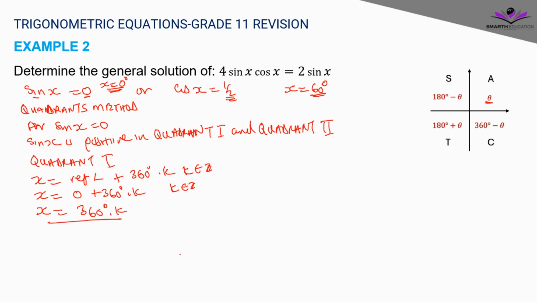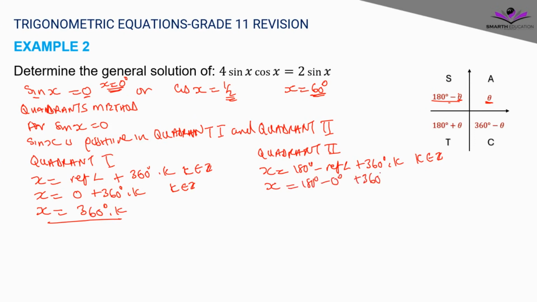Just remember that. And then quadrant 2: x is equal to 180 degrees minus the reference angle, plus 360 degrees times k, where k is an integer. So x is equal to 180 degrees minus 0 degrees plus 360 degrees times k, where k is an integer.